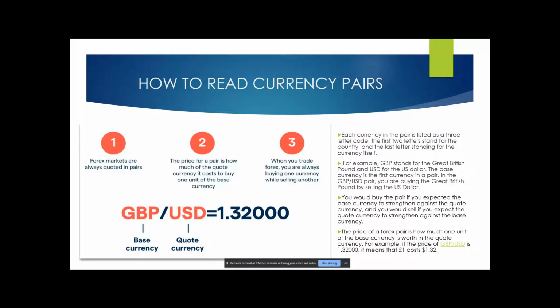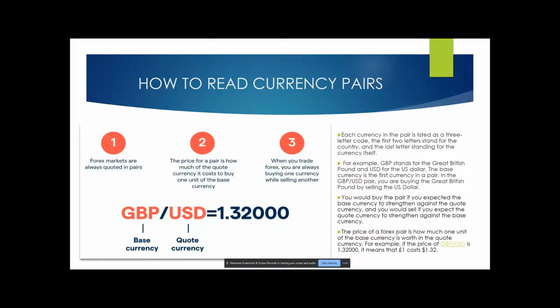How to read currency pairs. Each currency in the pair is listed as a three-letter code. The first two letters stand for the country and the last letter stands for the currency itself. For example, GBP stands for the Great British Pound and USD stands for the US dollar. The base currency is the first currency in a pair.